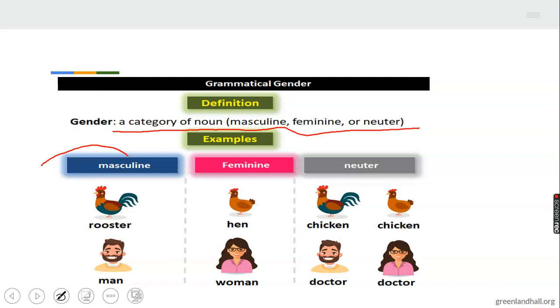Man, the rooster, lion is male. The female is lioness, okay? So the male, that's masculine, while the females are regarded as the feminine gender. Is that taken? The males are regarded as the masculine gender, while the females are regarded as the feminine gender.